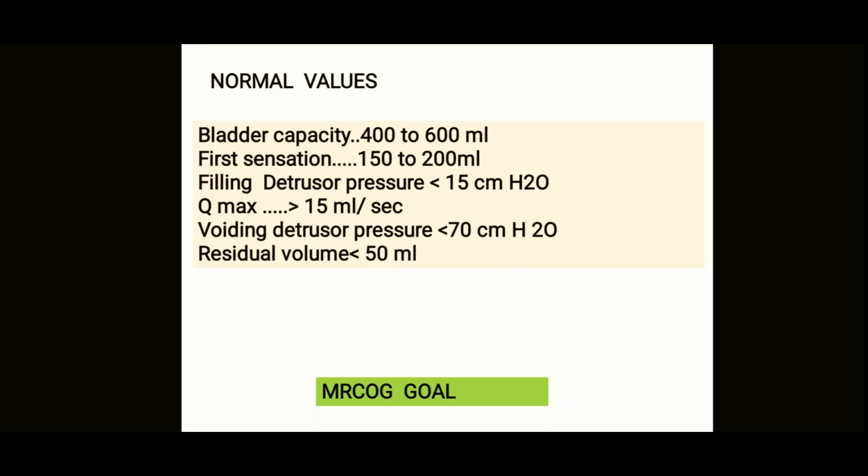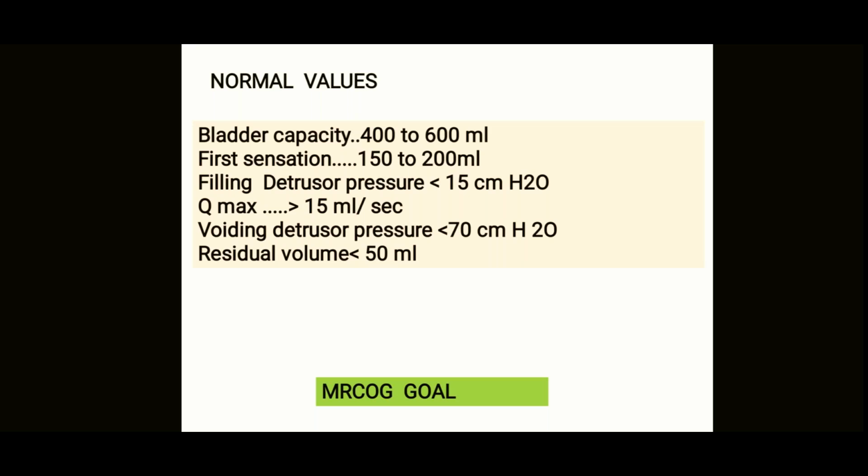Qmax while voiding the urine should be more than 15 ml per second. We saw that that's the speed of the urine that should be passed, and the voiding detrusor pressure at the time of passing urine should be less than 70 centimeters of H2O.